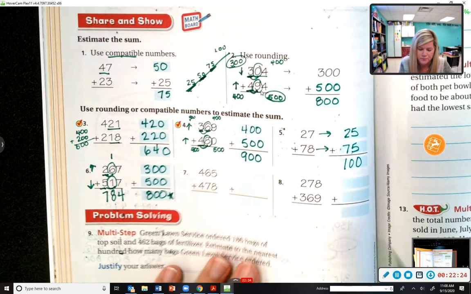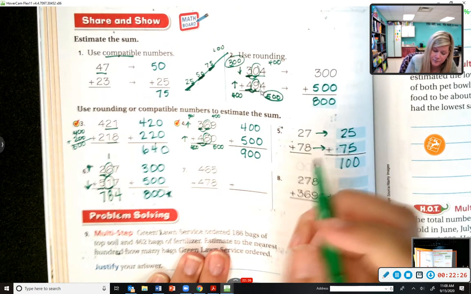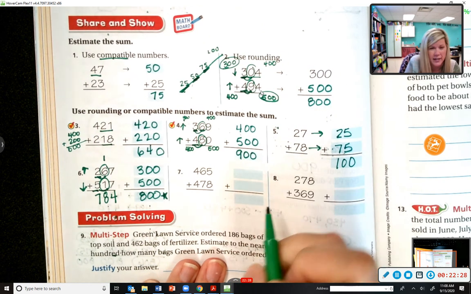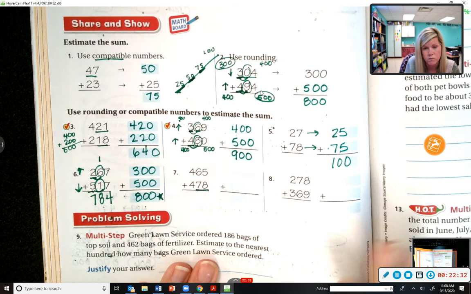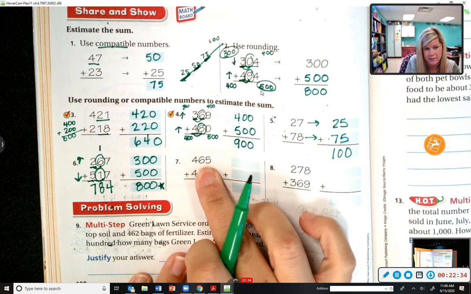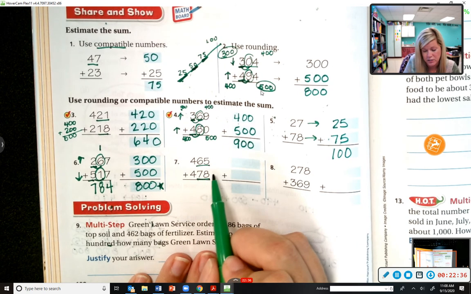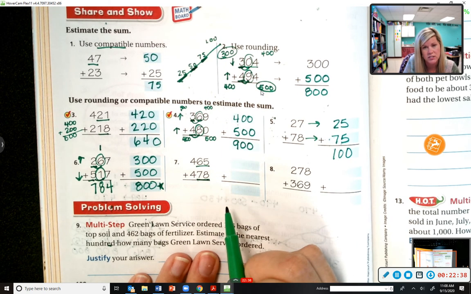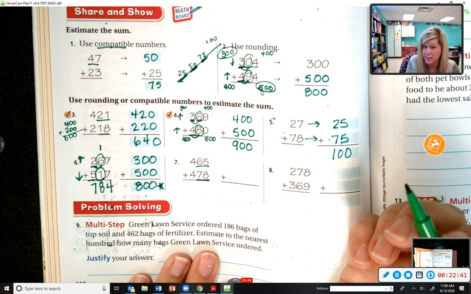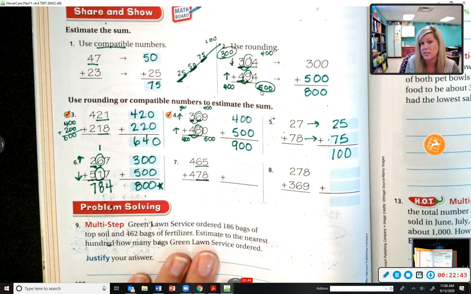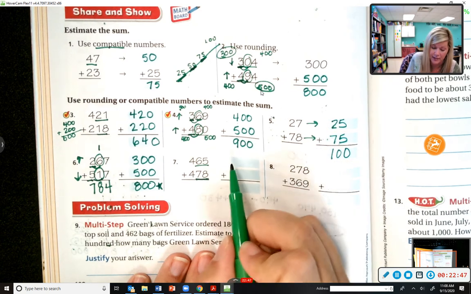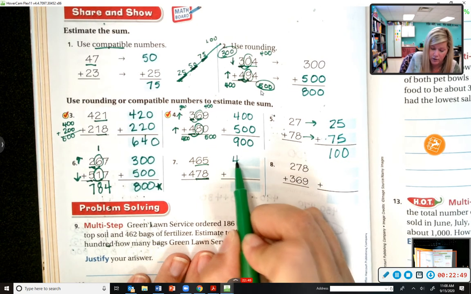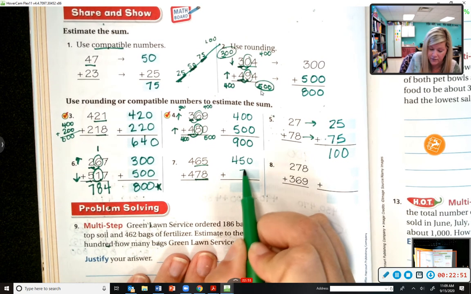Okay, 2 more. 465. I'm going to go ahead and probably do compatible numbers again because I see 78 and 65. 65 is close to 50 and 78 is close to 75. So I can think of quarters again. Again, you don't have to use these same numbers, but I'm going to go ahead and just show you another way to use compatible numbers again. So 50 cents and 75 cents.